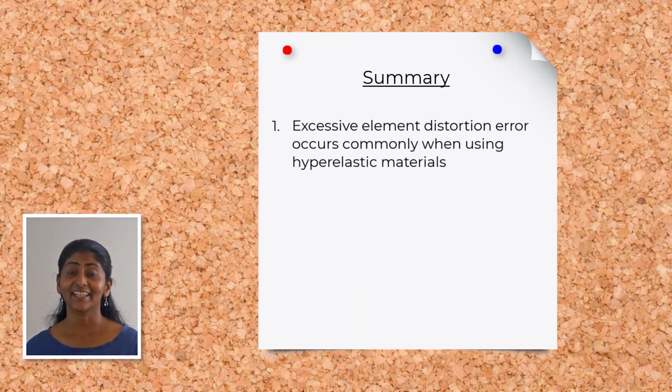So now let's summarize the important points we learned. First, we learned that excessive element distortion error can be common in models with hyperelastic materials, and it is inherent to many mechanical designs that use these materials. We can diagnose this error in Ansys Mechanical with the help of error messages and by using options to highlight excessively distorted elements.